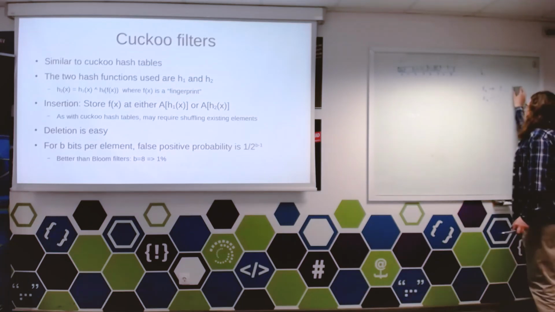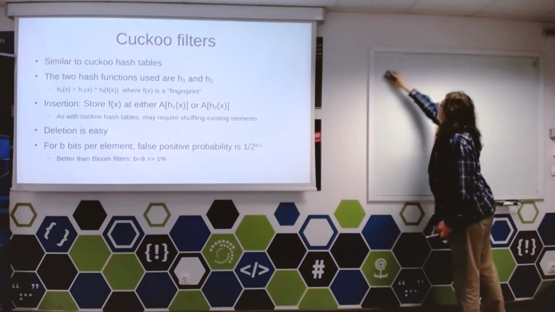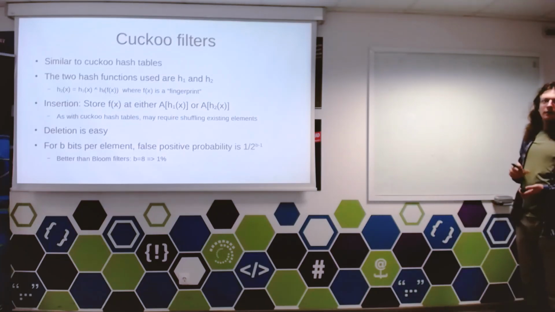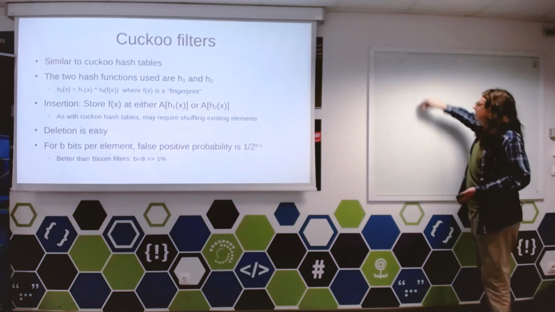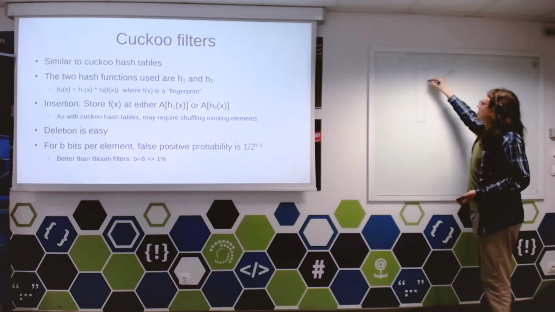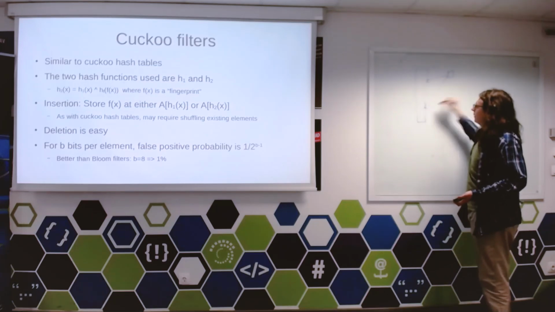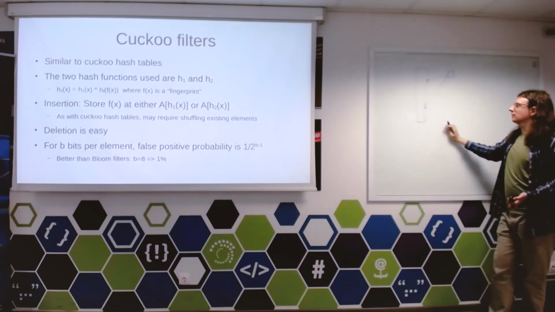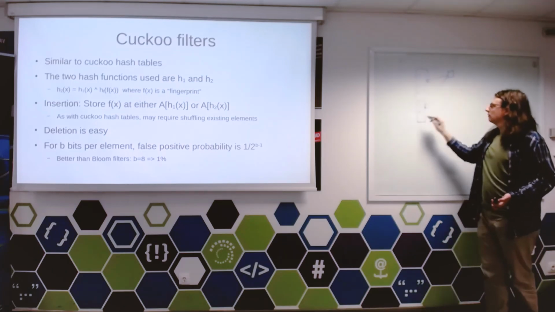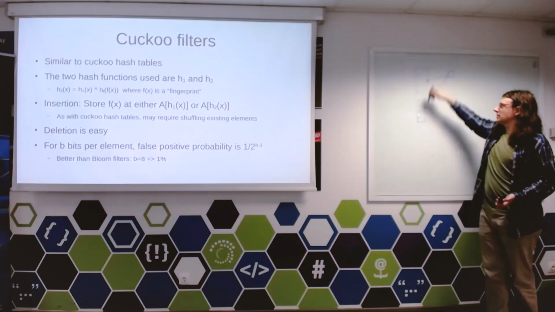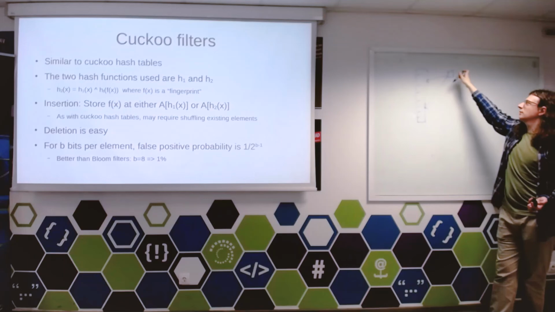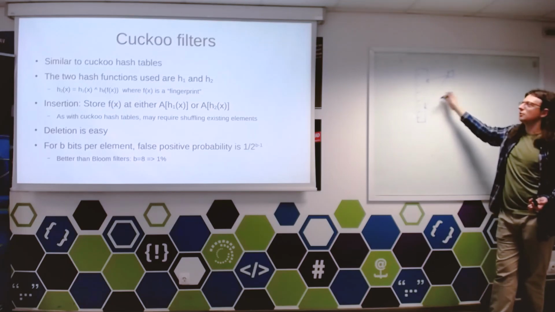In cuckoo hashing, we have 2 hash functions, and we have our table, and for a single value, the 2 hashes tell what are the 2 places where it's allowed to go. You just have a fixed array that's your hash table, and for each element you compute the 2 hashes and insert it into either of the 2 slots.